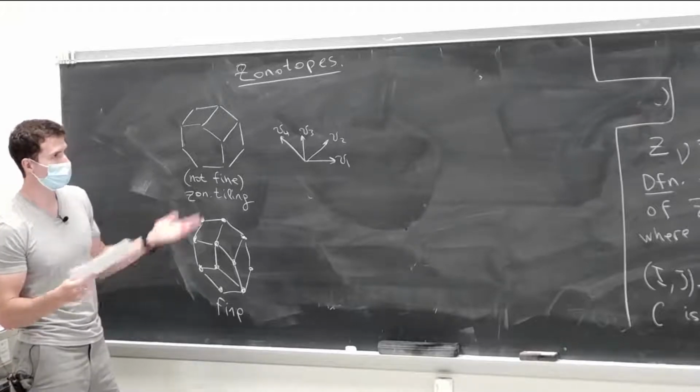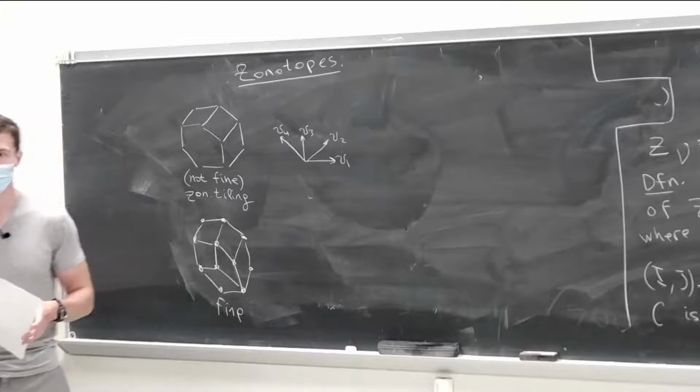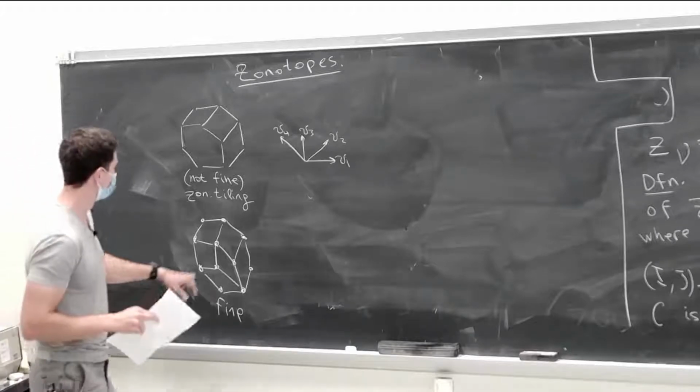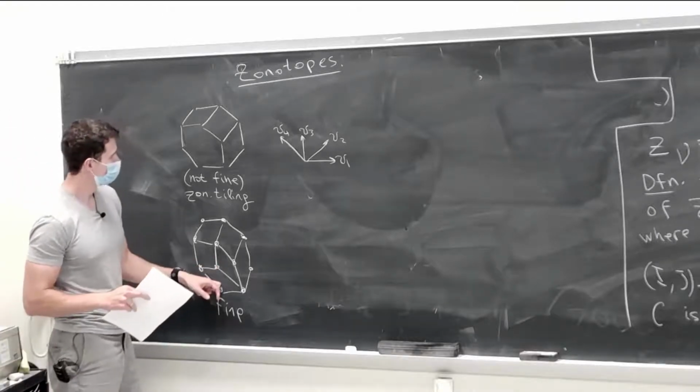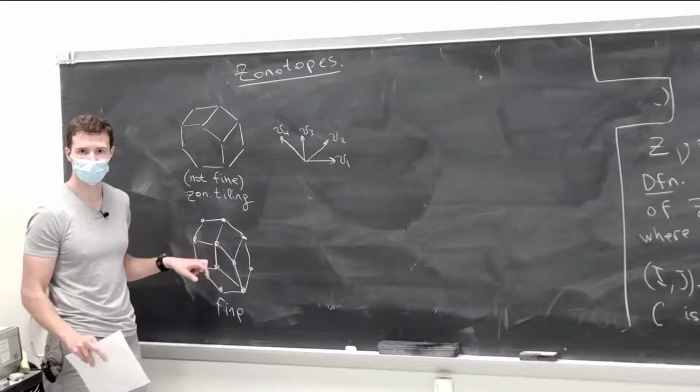And now I want to study zonotopal tilings. I see. So you want me to check the extra condition? I have to actually label every tile. There are lots of tiles, and I have to label each of them.